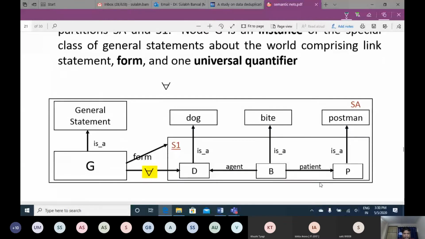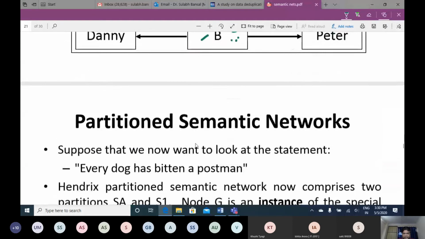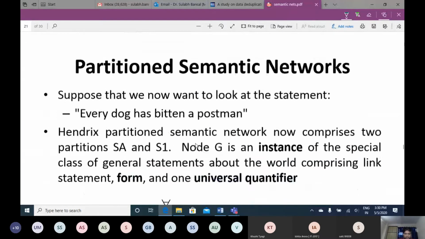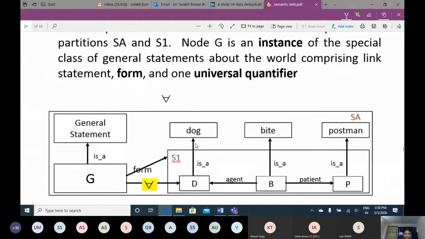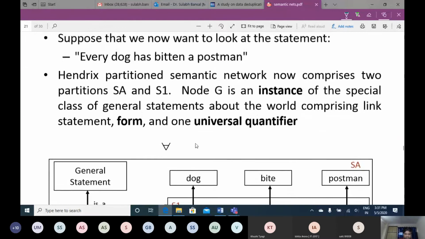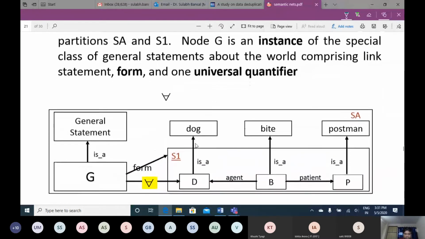and this statement is made on the similar statement which we have seen earlier, like this one. Okay, so now what we can do, instead of representing the entire network in that way, we will identify the subparts. Something like this.